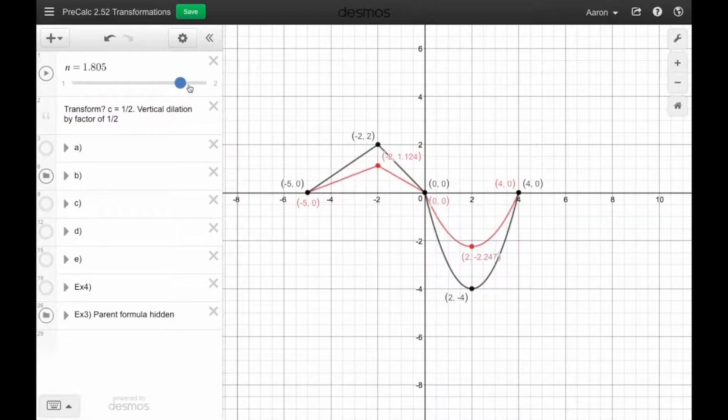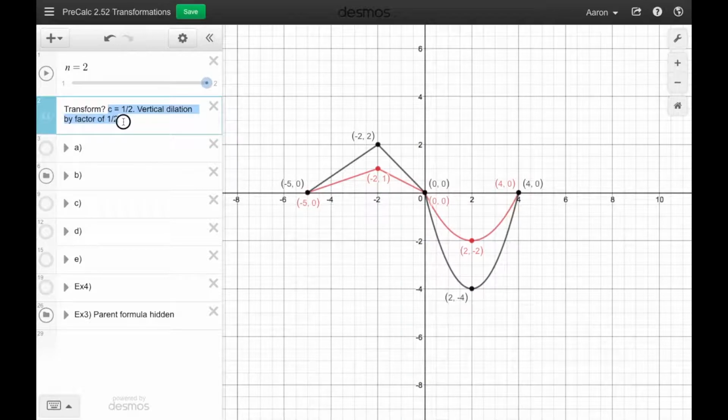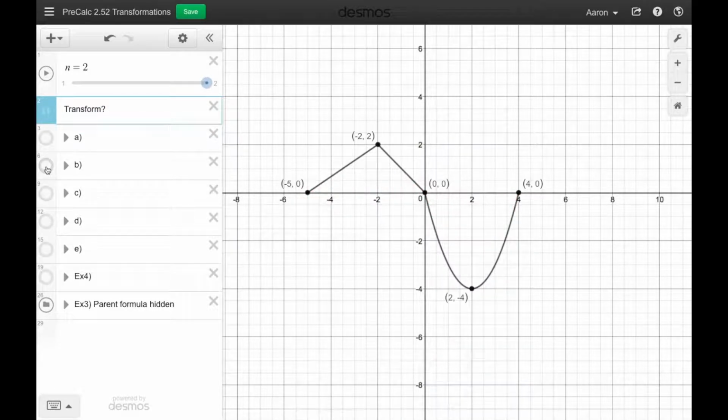So you can see that all the y values got cut in half. 2 divided by 2 is 1, and negative 4 times 1/2 is negative 2. All the zeros stayed the same, but the whole thing dilated by a factor of 1/2 vertically. Copy it down, and when you're ready, let's do the next one.